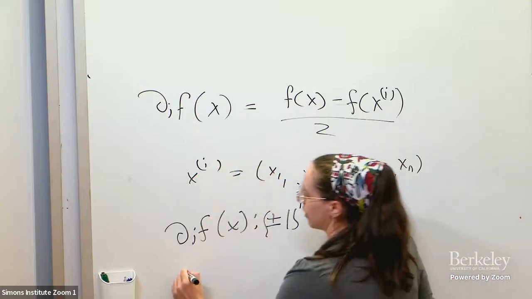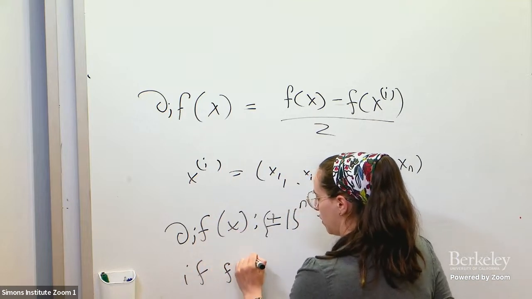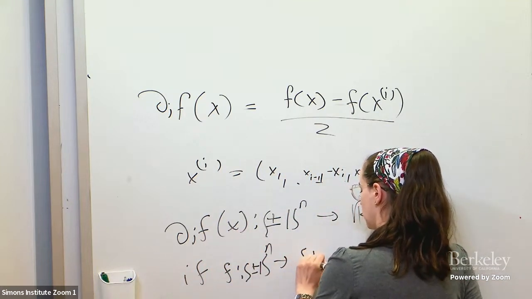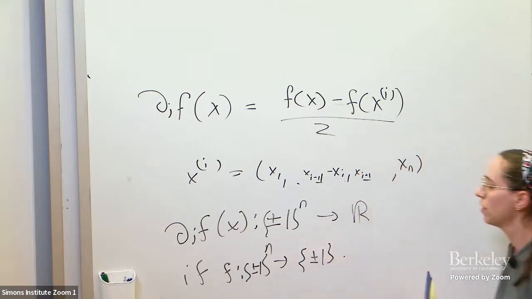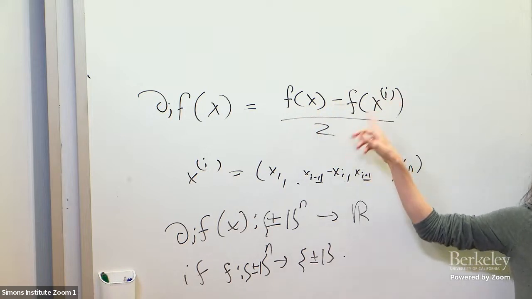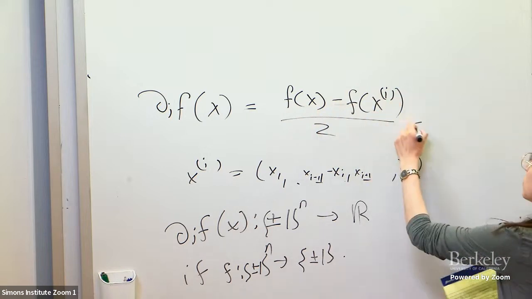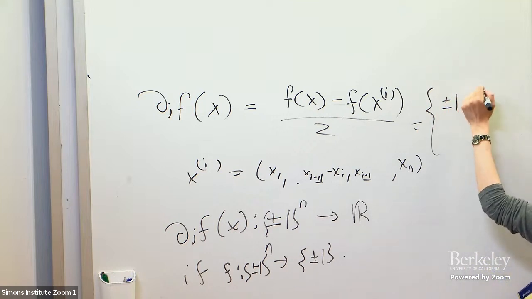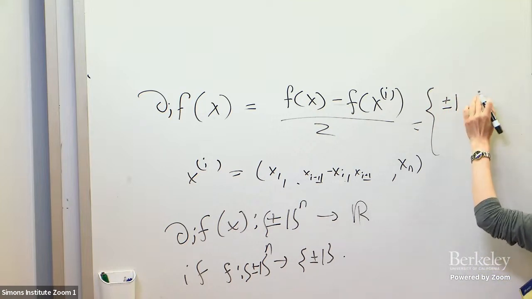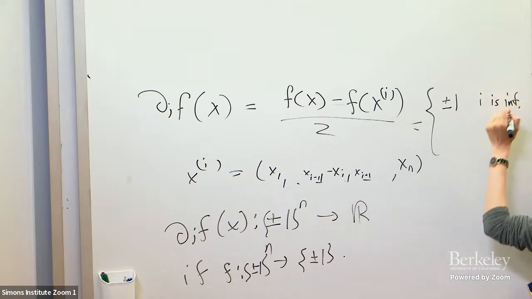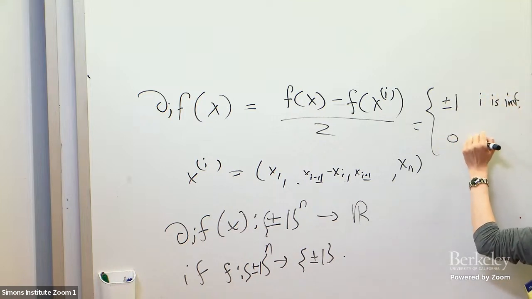So if f is Boolean, meaning that it goes to plus/minus 1, then the values that we get here are either -1, +1, or 0. So we can see that we get plus/minus 1 when i is influential here and 0 otherwise.